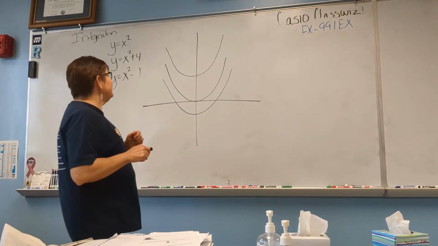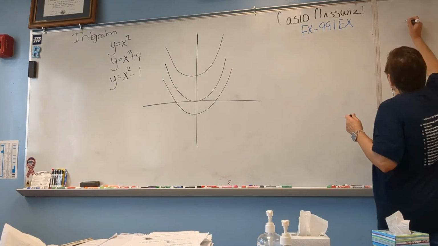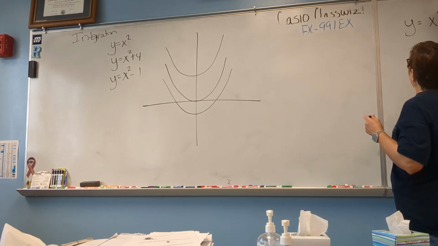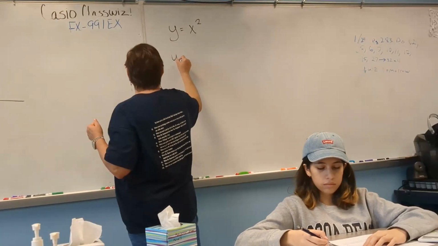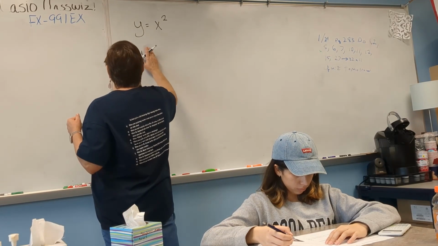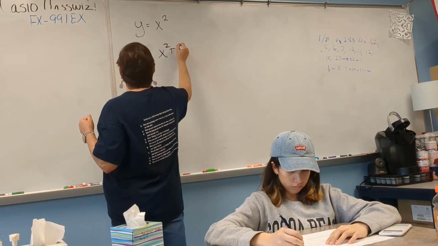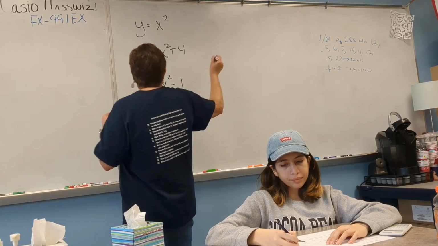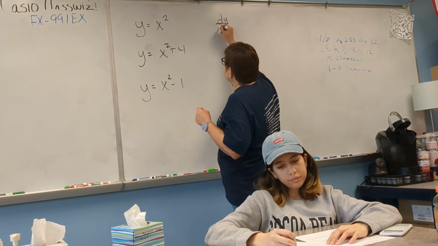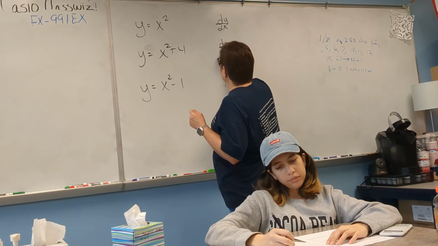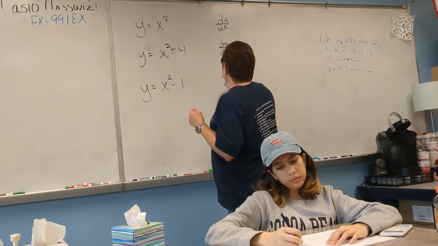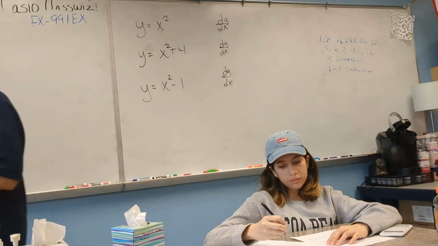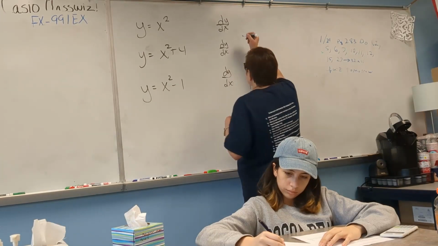Okay, so having said that, I am going to have us take each of these and I want you to find dy/dx for every one of them. The derivative of x squared: 2x.